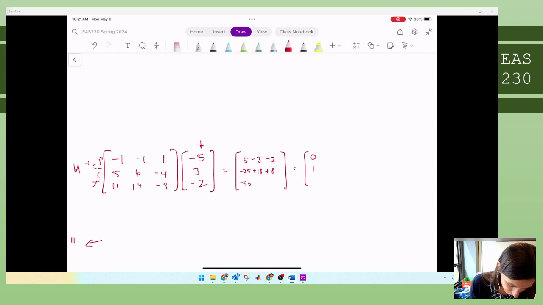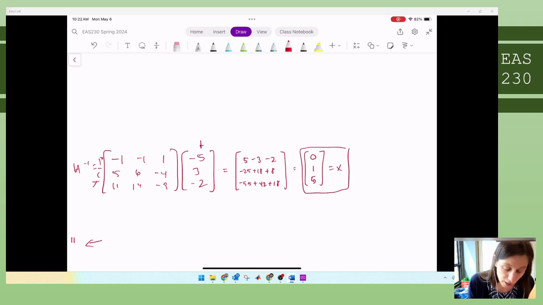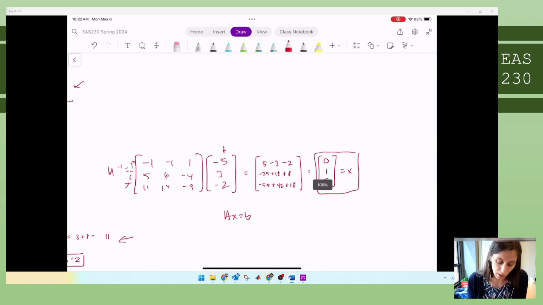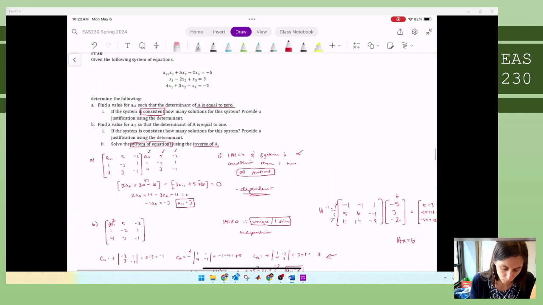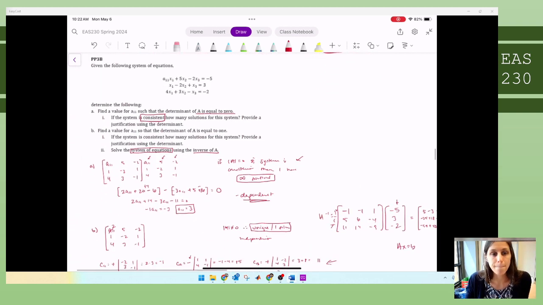And then negative 55 plus 14 times 3, which is 42, and then plus 18. I will do that on my calculator just to save you from my mental math. Once again, it's not impossible to do without a calculator, it's just faster if you have one. Okay, there's x. I have solved my system of equations. I can verify that by checking that Ax equals b. If I have time, I can do that. If not, totally fine. Okay, there we go. Problem 3, version B.